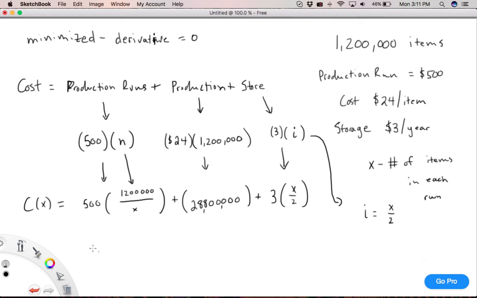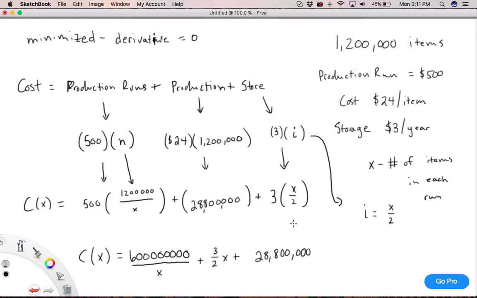Okay, we're going to simplify all of this into something a little more manageable. This is going to be a very large number, 6 followed by 8 zeros, plus 3/2 of x, plus the 28,800,000.